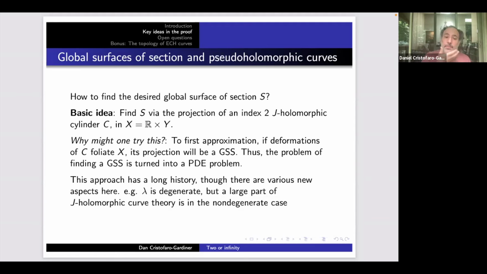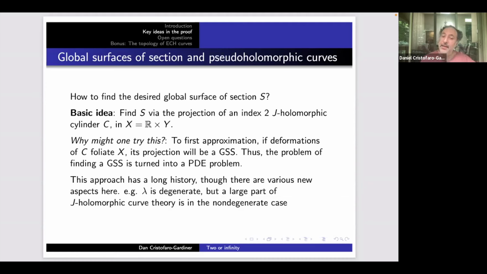Okay, so like I said, this idea goes back to HWZ, but I want to emphasize that there are certainly a lot of rather new aspects here. Maybe the most notable is that I don't want to assume that the contact form is non-degenerate, but most of the J-holomorphic curve theory you learn about, say in a graduate course, is in the non-degenerate case, and there are serious challenges trying to do J-holomorphic curve theory in the degenerate case with absolutely no other assumptions at all.